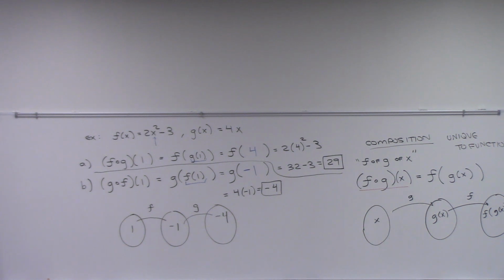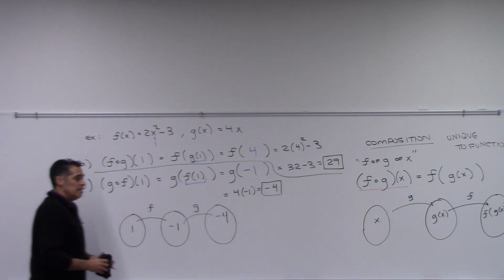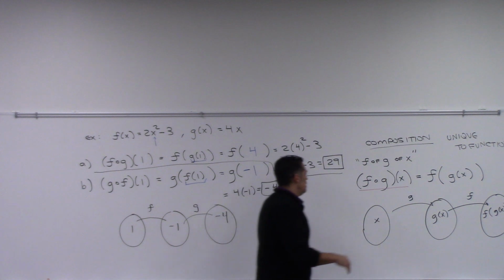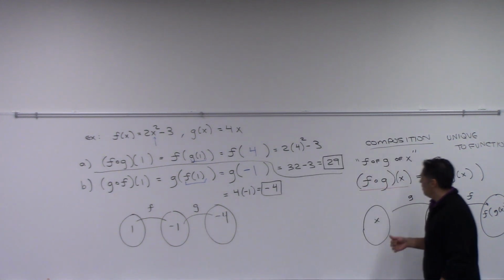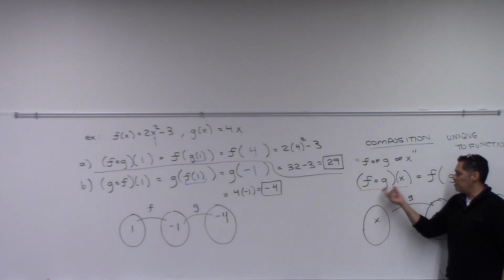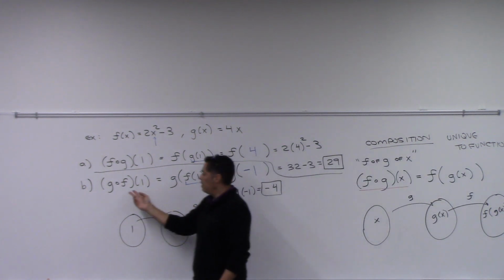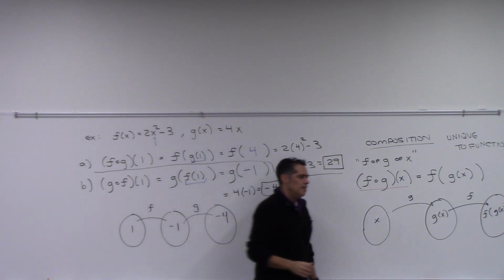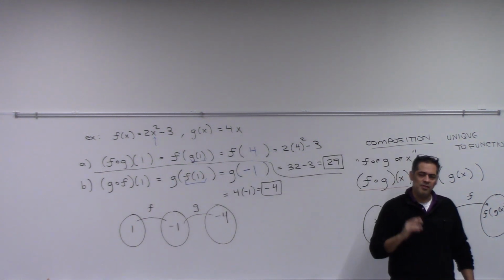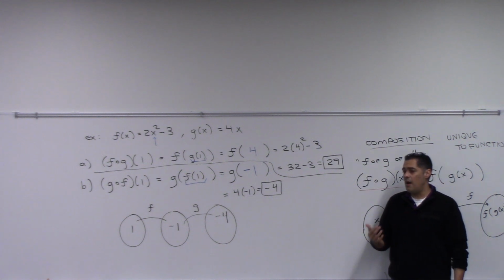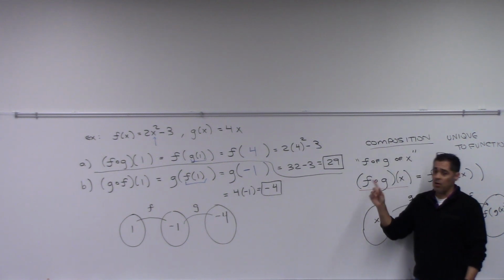Now, a lot of times when this is taught at this level in college algebra, and maybe in high school, you may have seen this, a lot of teachers like to call this fog, or if you change the order, they call it Goff, which is cute, but I don't want you to limit yourself that way because there's nothing that says that when you do composition, it has to be fog or Goff.